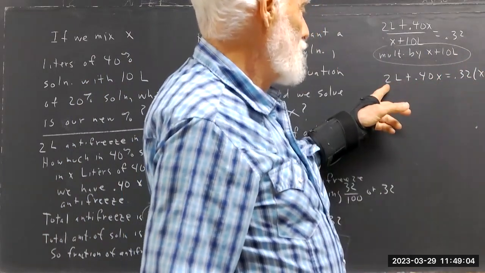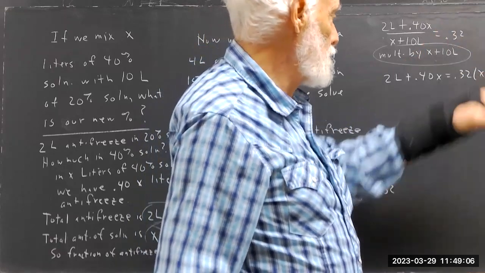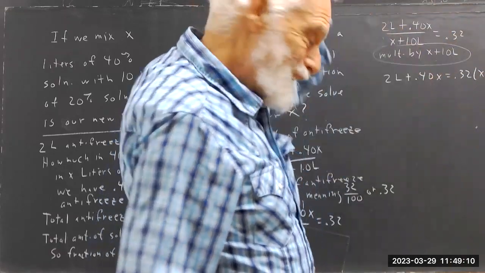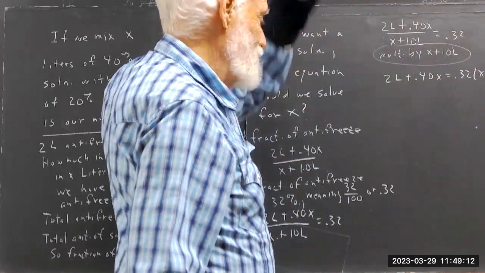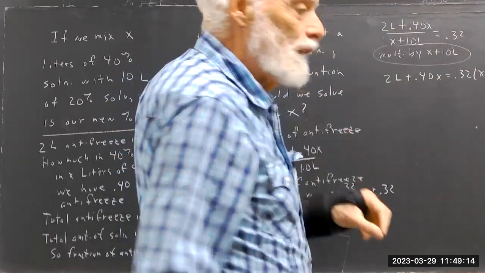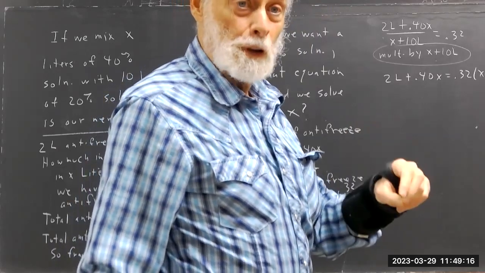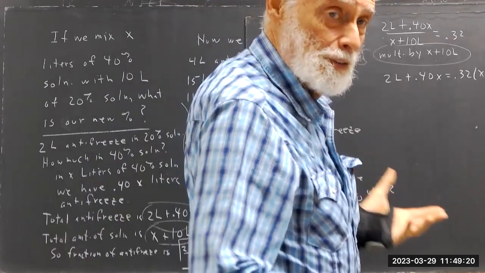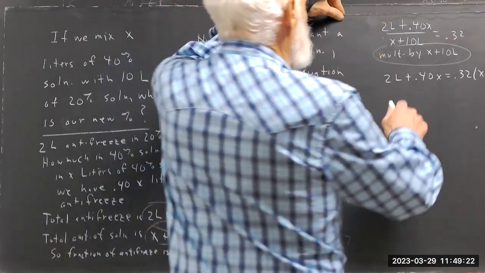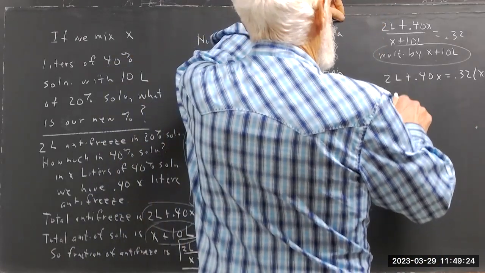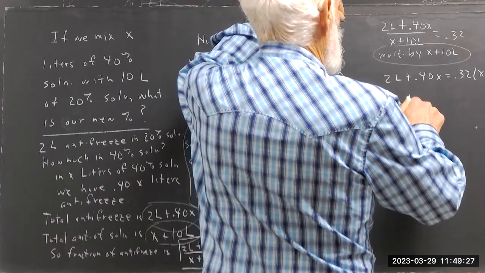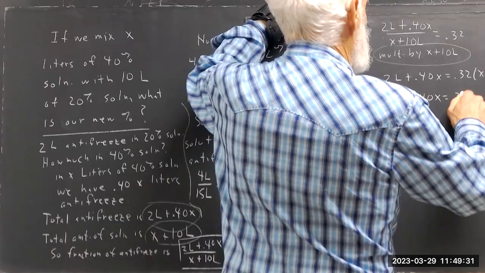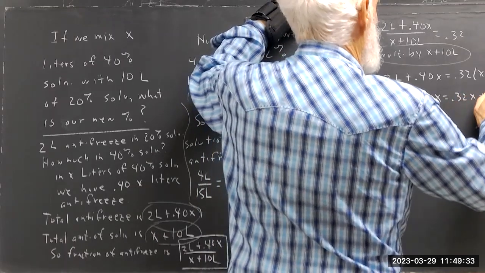Then we'd have to multiply this by 100. We'd have 200 liters over there, and we'd have 320 liters. That's always an option, and a lot of times it's a really good idea. But in this case, it isn't such a great idea because the numbers are simple enough. That's a matter of taste. We could always do that, using the distributive law.